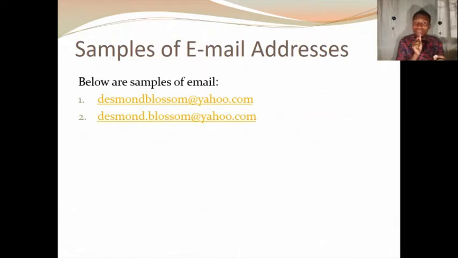You can see the difference. Just that dot you have in between the Desmond and Blossom, that's made it unique from the first one. So if you try the first one, it's not available, you can just put a dot between two different words or two different names, then it makes it unique. So if it's not available, that can be used. Then you have this other one. What you have there is not a space because of the line under it.